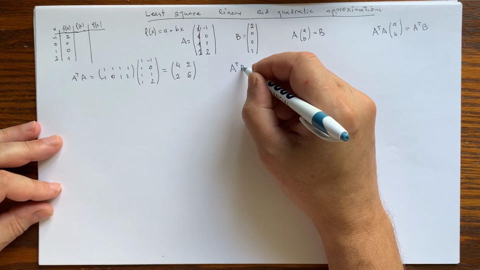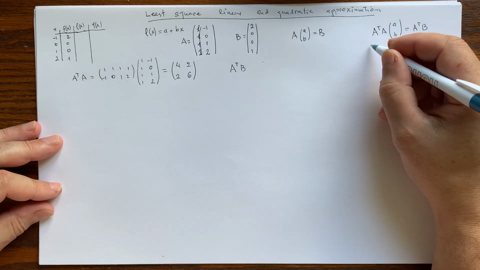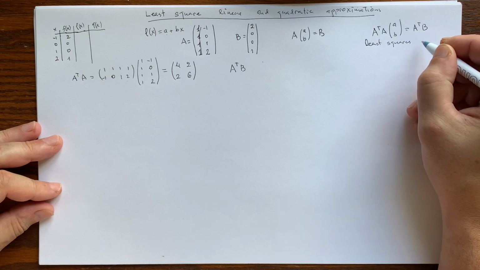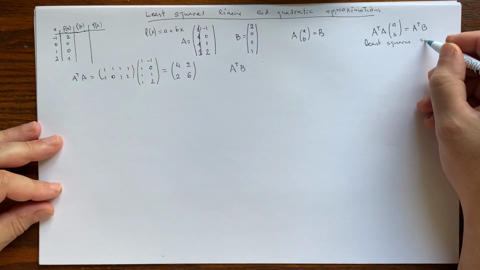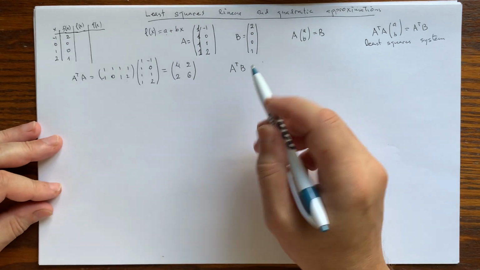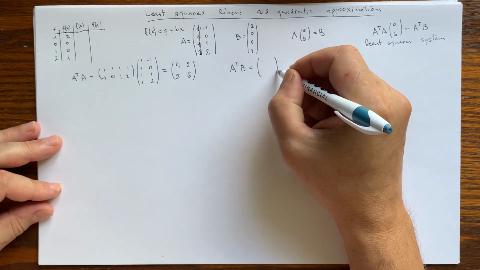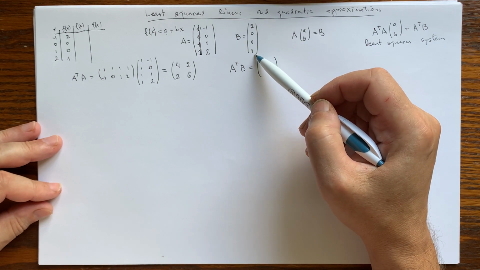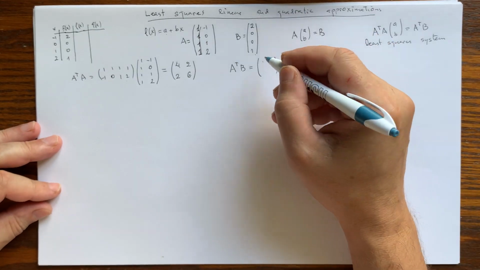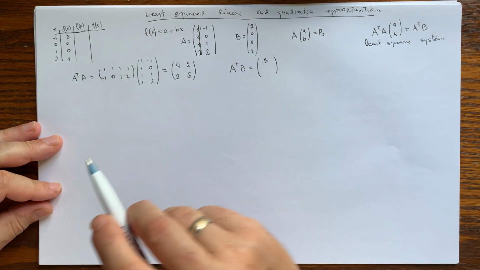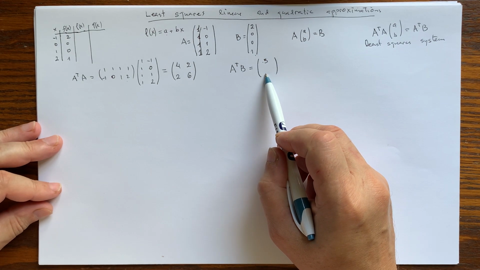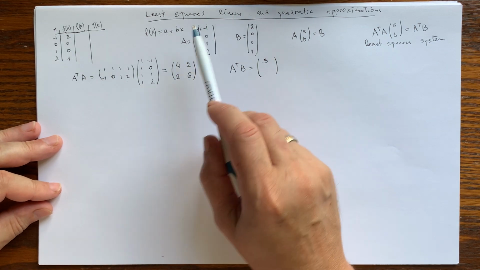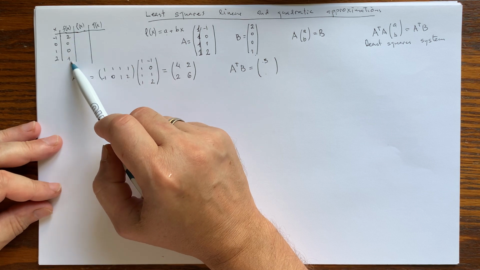The column on the right side of the least squares system: the first coordinate is the sum of b coordinates, which is 3, and the second coordinate is the sum of products of x coordinates, this column, and b coordinates, this column.